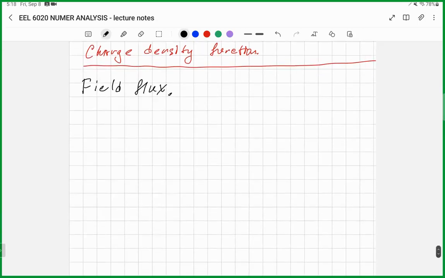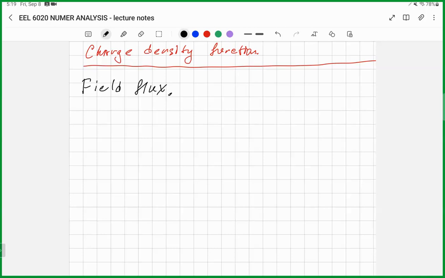By definition, flux considers the flow of the vector field through some area in space.